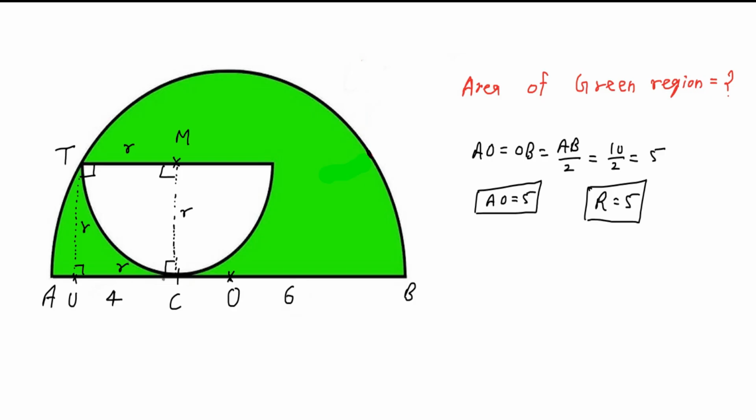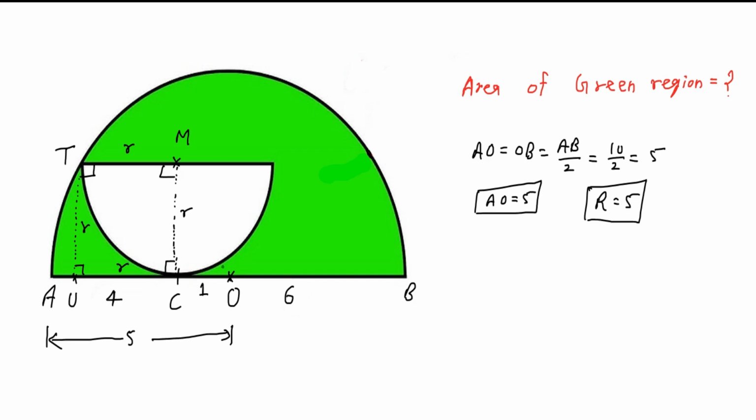So from here UC is r units of length, and AO, which is 5 units of length, is nothing but the radius of the bigger circle. So here CO will be 1 unit, that means CO will be AO minus AC, that will be 1 unit of length.